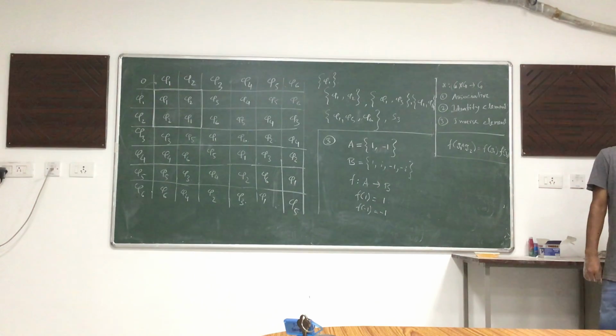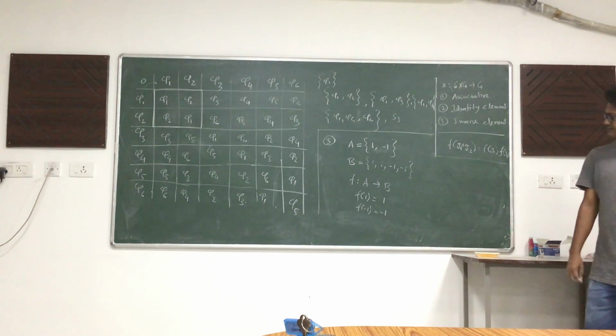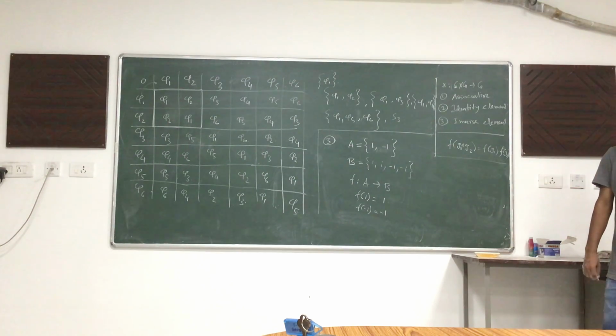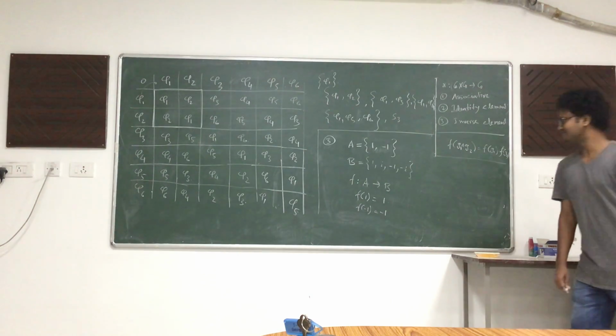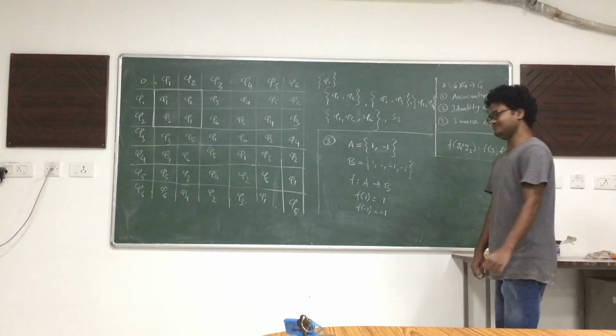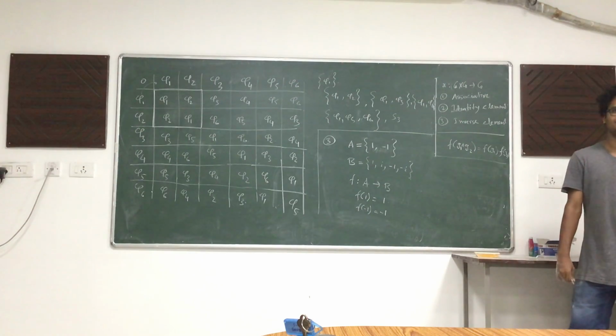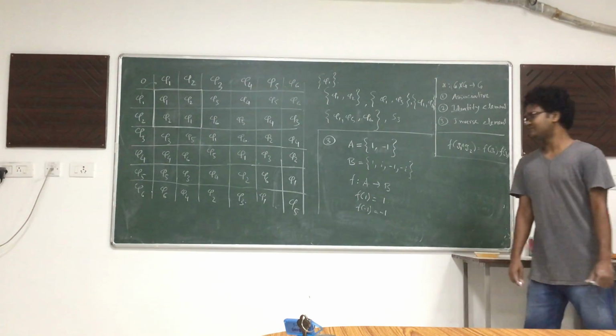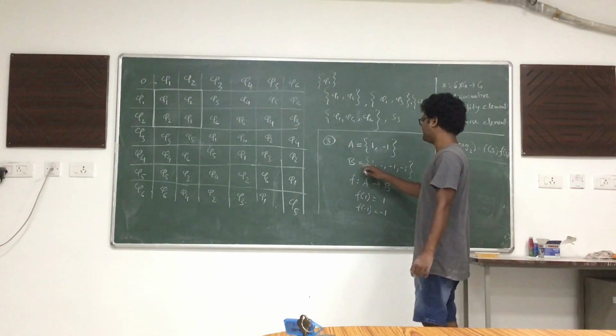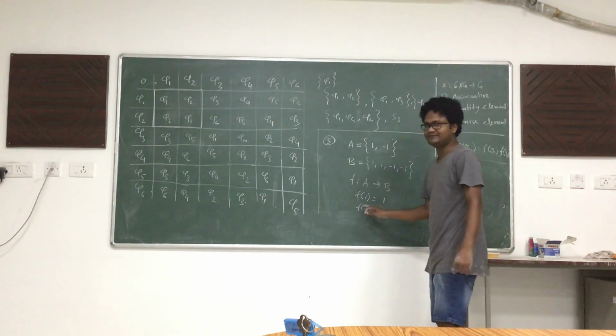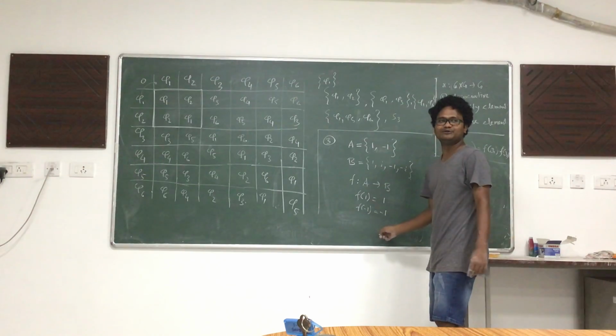This is not a homomorphism. Why not? Of course, this has to be a homomorphism because this is kind of an identity map, right? 1 goes to 1, minus 1 goes to minus 1.